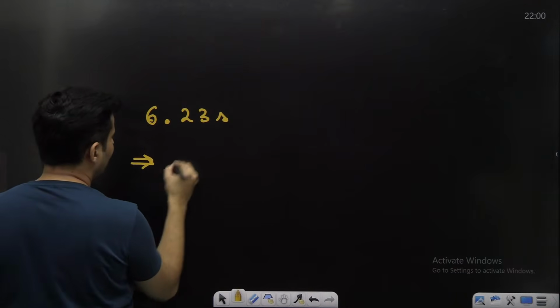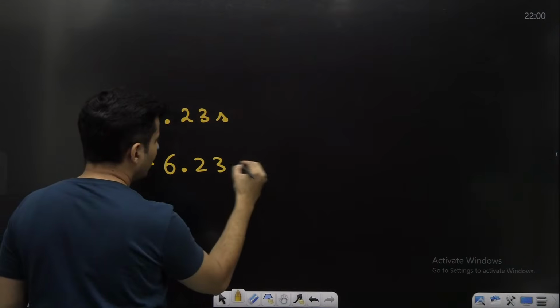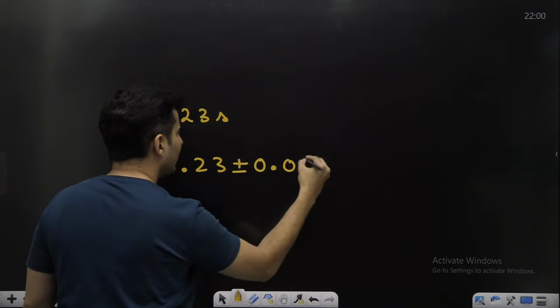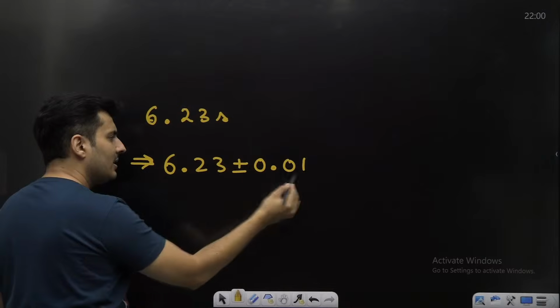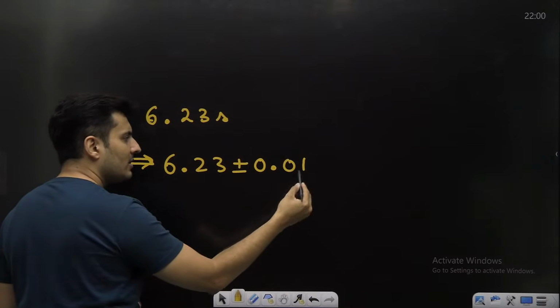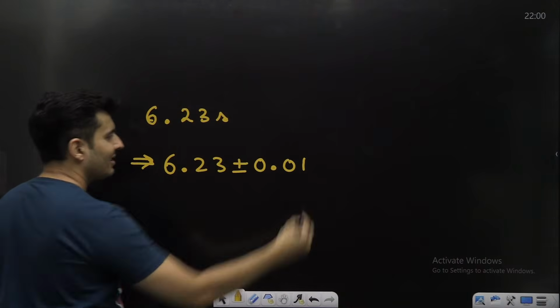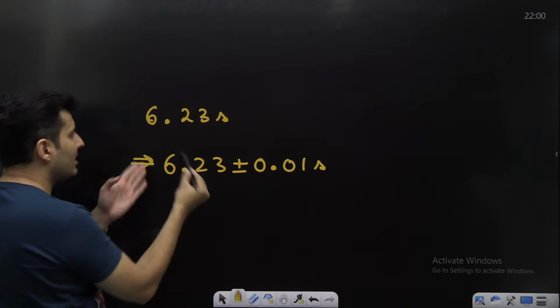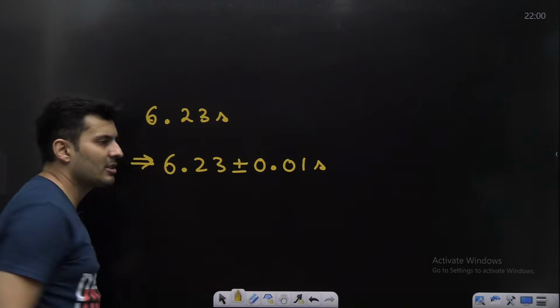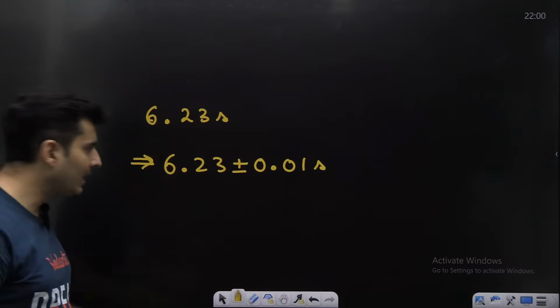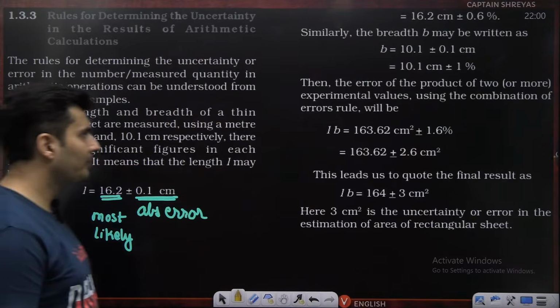So actually what I mean is 6.23 plus minus 0.01 seconds, because the third digit is the problem. So it can be either 6.22 or 6.24. Somewhere in between is where the measurement lies.